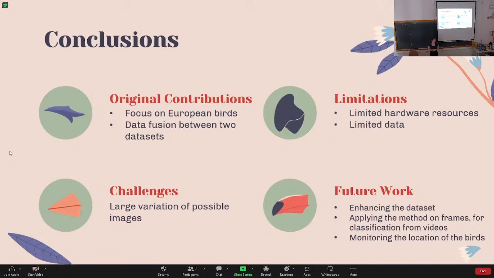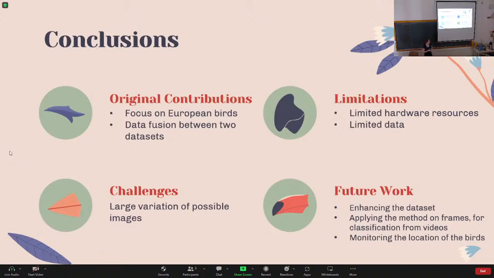The main challenges were caused by the large variations of possible images, because there could be different backgrounds and different positions of the birds, like flying or sitting on legs, and these images are quite different from one another. Also, a challenge that could be treated in the future is the differentiation between the male and female of a species, because there are some birds in which the male and the female are very different.